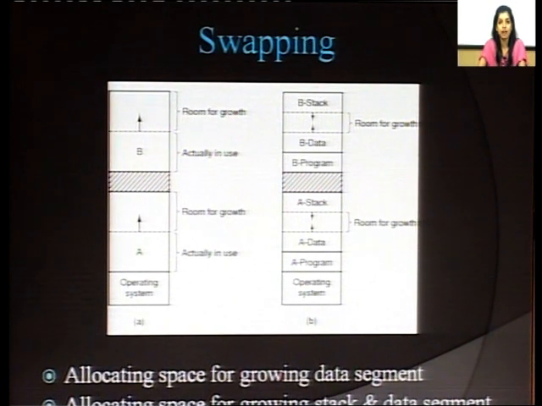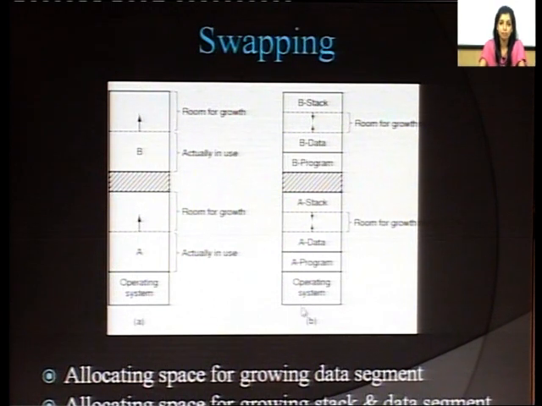So swapping space can be increased or decreased. In this way we have only two processes and one operating system, and these two processes may grow more. Growing means that during processing their values may be added, and if more values are added, then the page requires more space, so it may grow from its actual position.